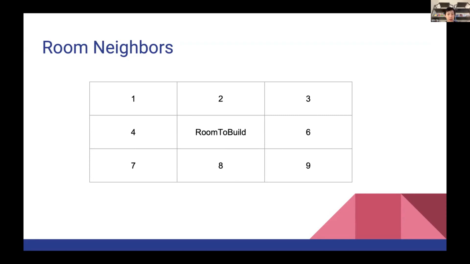Sometimes multiple neighboring rooms cause the room we're trying to build to fail, so we want the entire set. This is the idea behind the iterative conflict resolution algorithm.